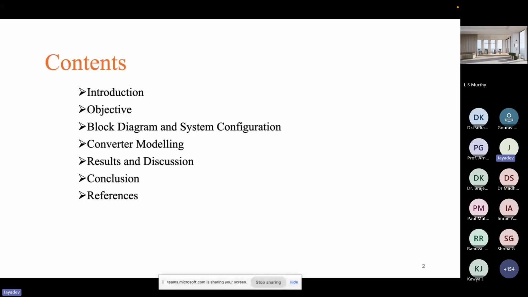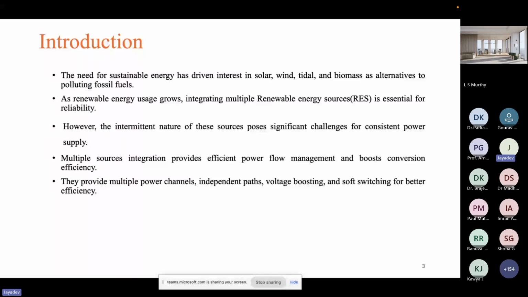Why are we now more focused on the multiport converter or integrated multiport converter? As we know, the need for sustainable energy has driven interest in renewable sources like solar, wind, tidal, biomass, hydro plant. It's an alternative to the fossil fuel.